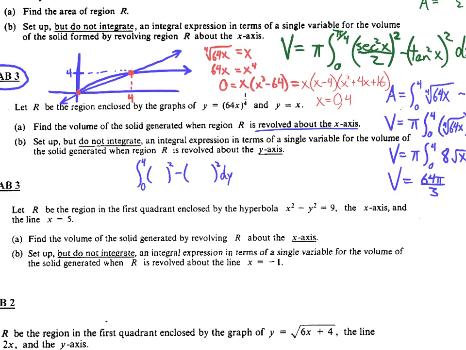So now, again, you always do the one that's further away from the y-axis minus the one closer to the y-axis. So the line x equals y is further away. How would you rewrite this 64x to the 1/4 power in terms of y?